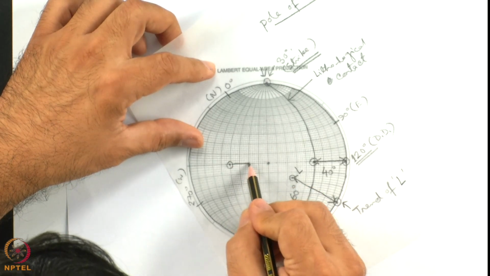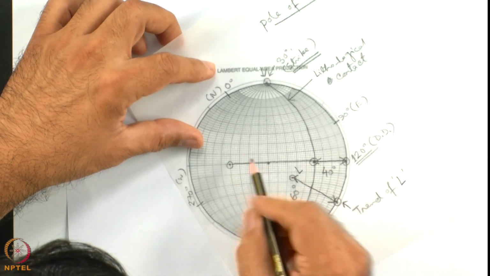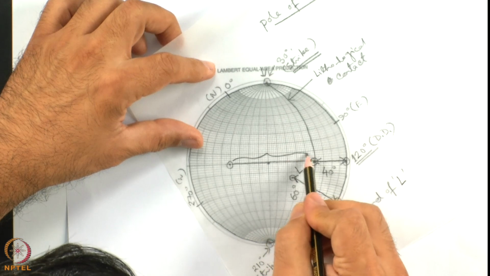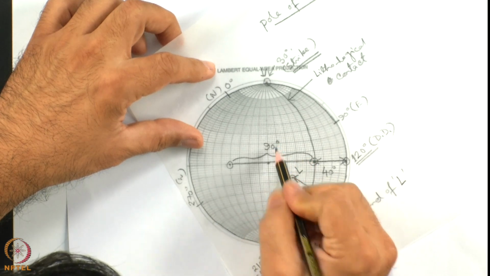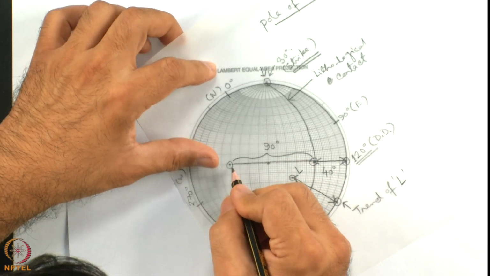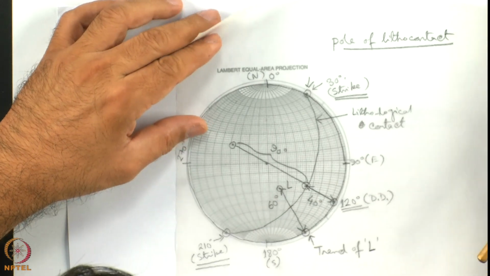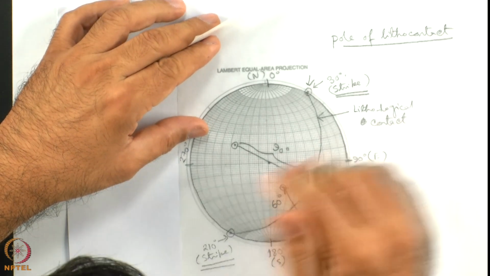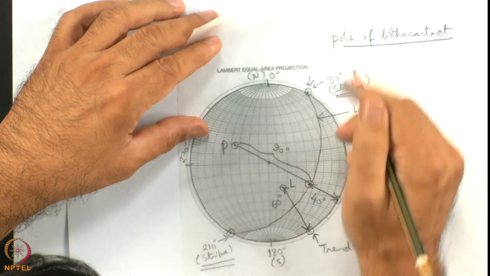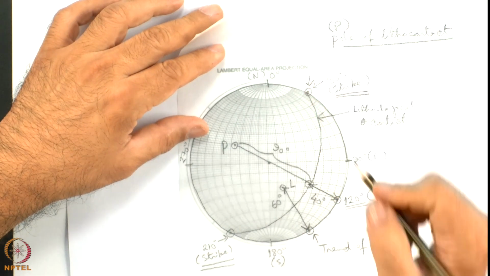So, for the beginners, I can write down that this angle is 90 degree, and what we have got is the pole of the given plane. So I can call it P for pole.